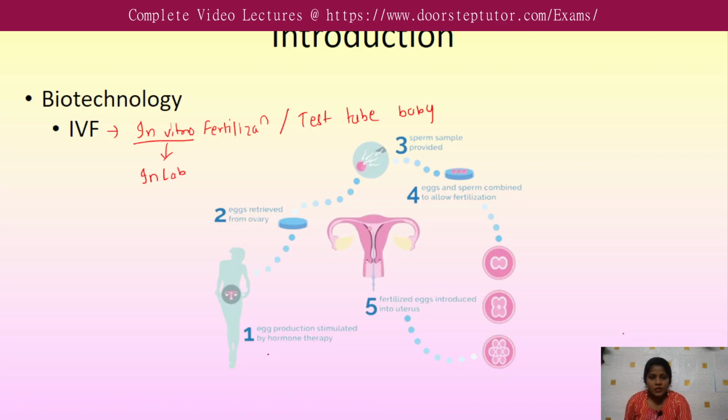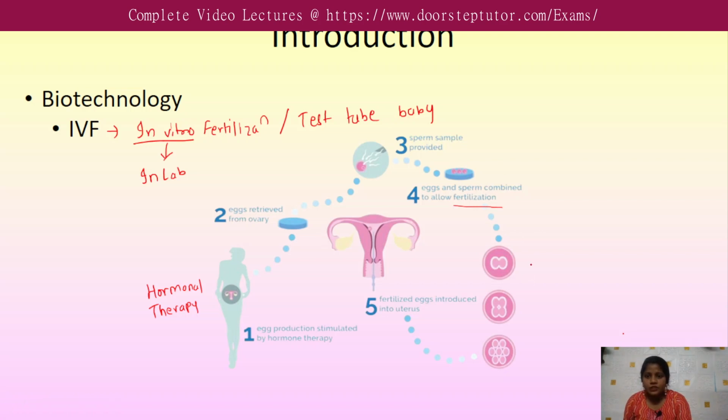So the process is, first, egg production is done with the help of hormonal therapy. After that we retrieve the egg in the petri plate and we collect the sperm sample. After that we allow the fertilization in one petri dish.